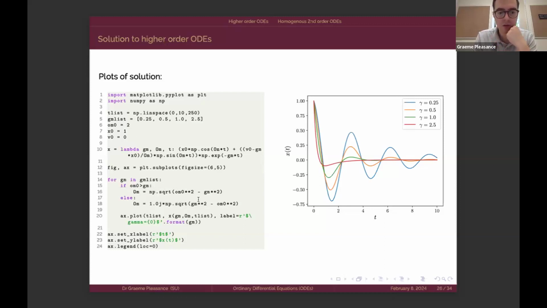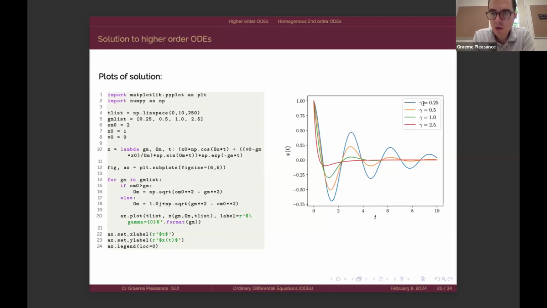This constant here is just the omega tilde that I specified on the previous slide. Then for each iteration, we plot the corresponding solution. And here you can see how the behavior of this oscillator changes when we vary gamma.